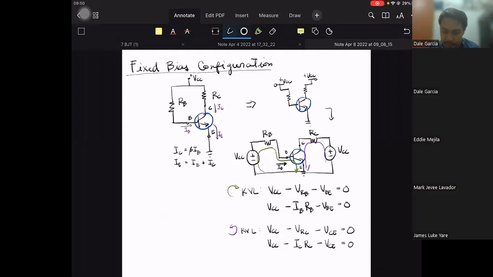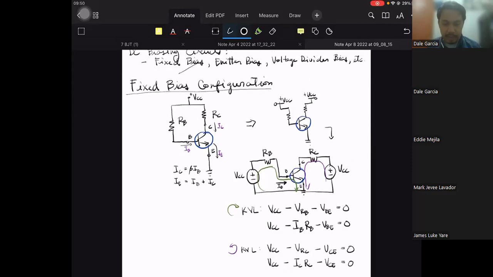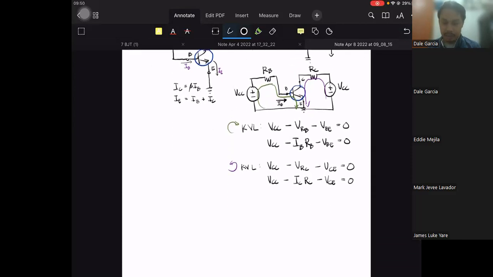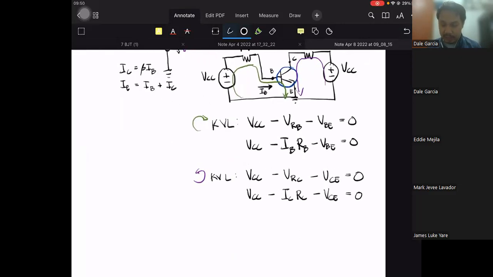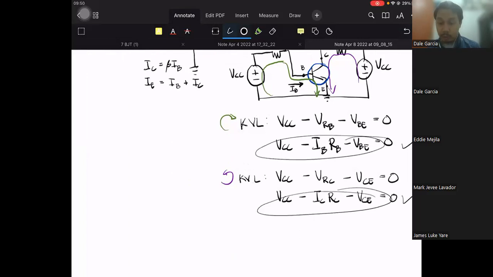So itong i-derive na, no? So for each configuration, I mentioned earlier, fixed bias, emitter bias, voltage divider bias, etc. Kada isa ani nila, lais lang mga KVL equations. So actually, yeah, ipang-derive yun na sa tagsa-tagsa. Lahi man. No? So these formulas, at least kaning duha, these formulas only work for voltage divider bias.